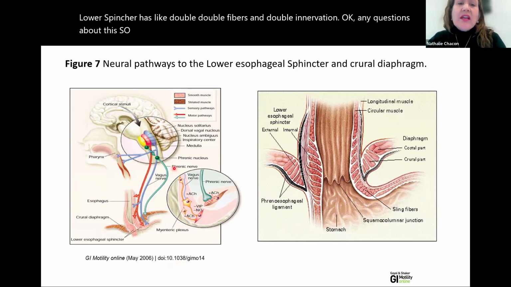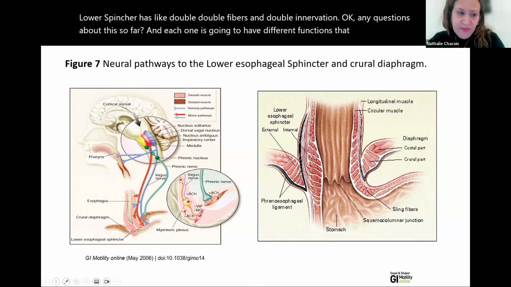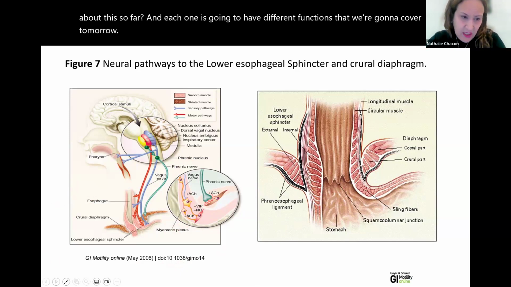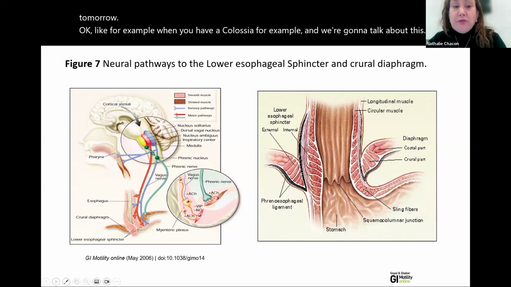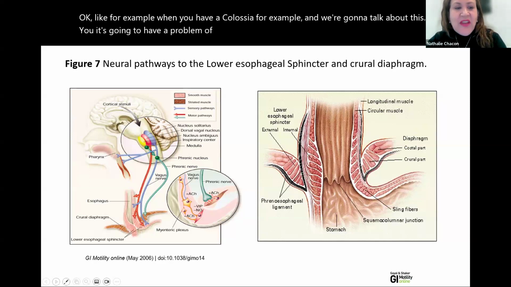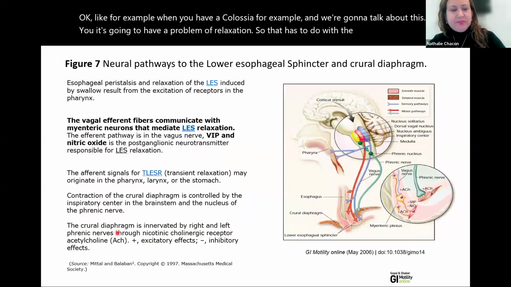And each one is going to have different functions that we're going to cover tomorrow. Like, for example, when you have achalasia, and we're going to talk about this, it's going to have a problem of relaxation. So that has to do with the vagus nerve. Okay.